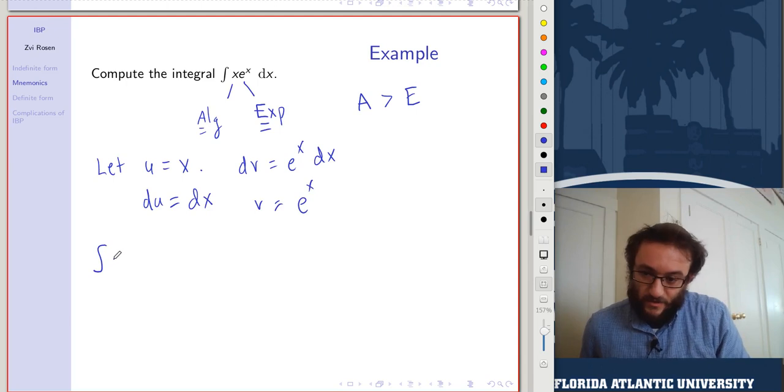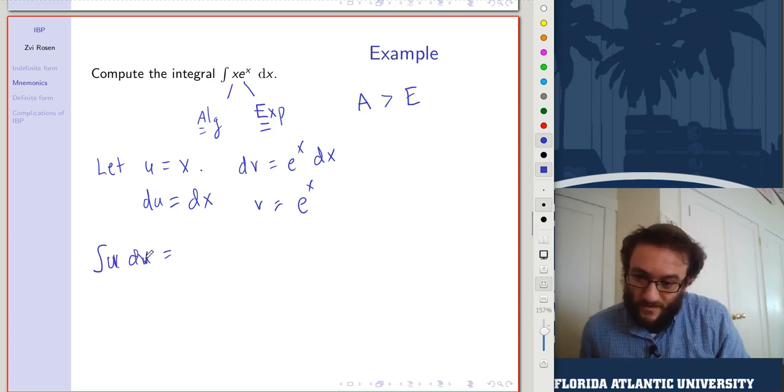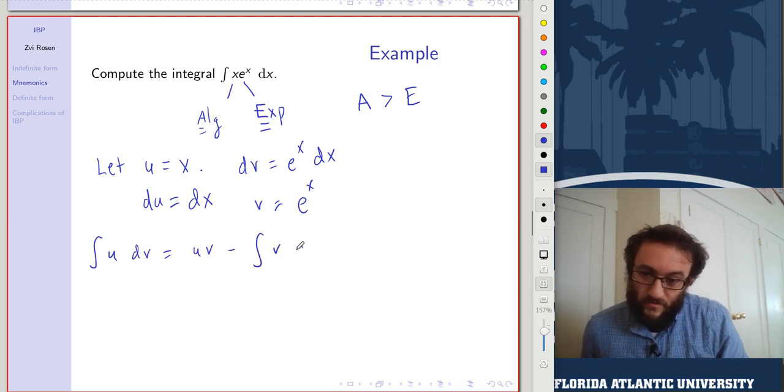Let's plug back into the integration by parts formula. Let me just rewrite this. Integral of u dv equals uv minus the integral of v du.